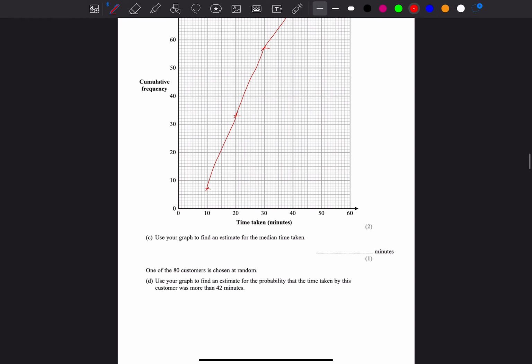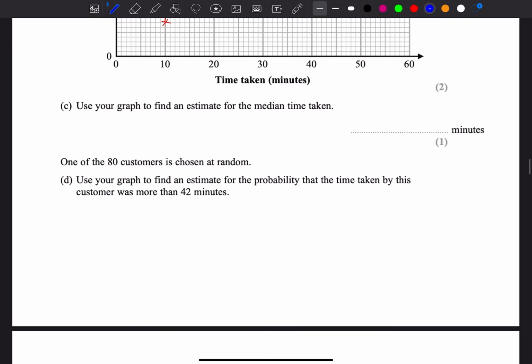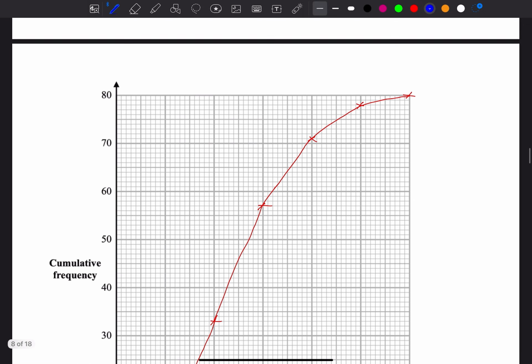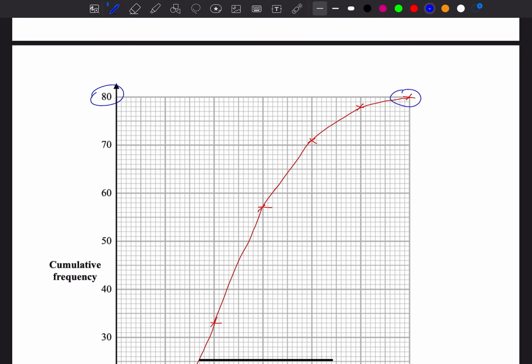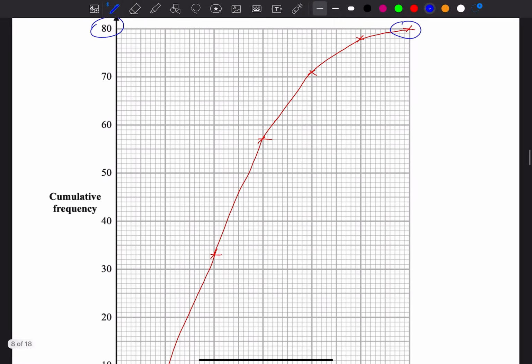Okay, something like that. Use your graph to estimate the median. Remember the formula for median: half n. N is the total of this data, which you would have worked out before. Anyway, it's 80. So that means you want to look at the 40th value. The 40th value will go here.